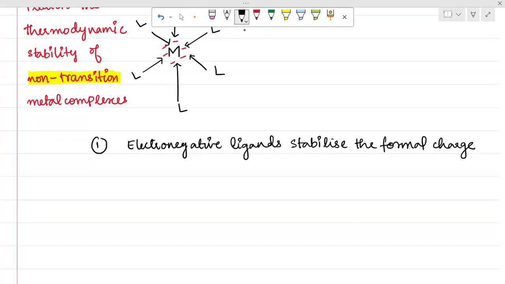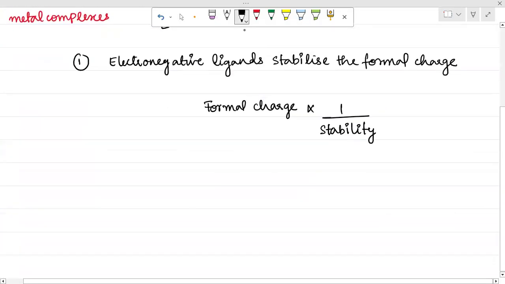So it says that electronegative ligands stabilize the formal charge. Understand that formal charge and stability are inversely proportional. Formal charge and stability are inversely proportional. So how do you find the formal charge? Okay, so let's do an example corresponding to this, electronegative ligands and how they stabilize.